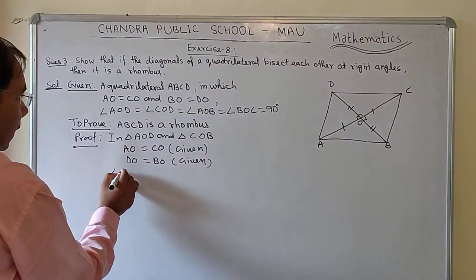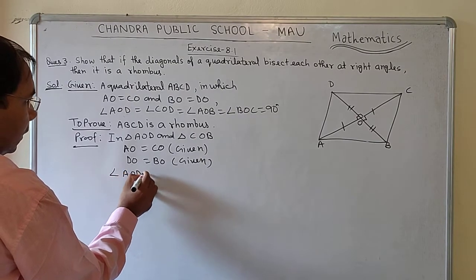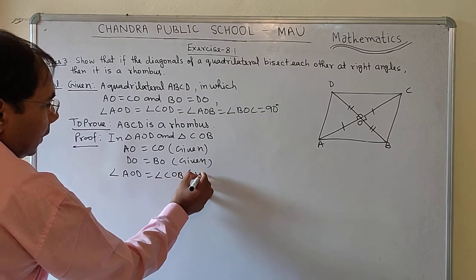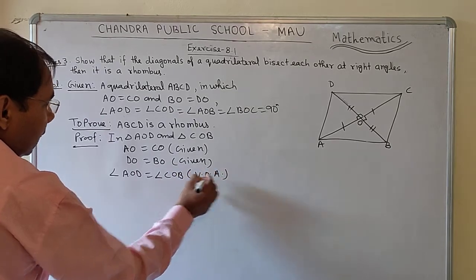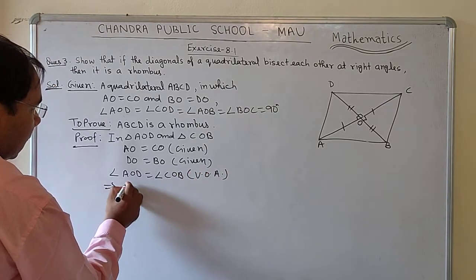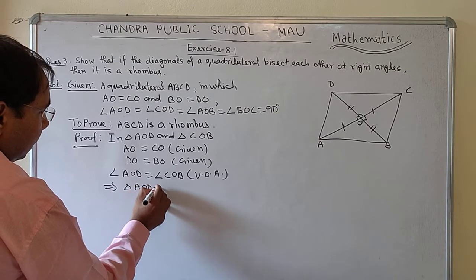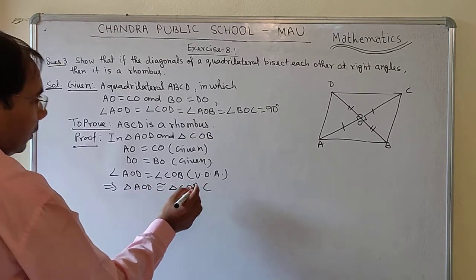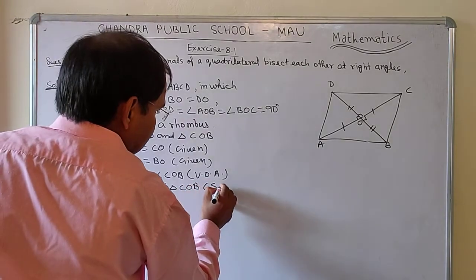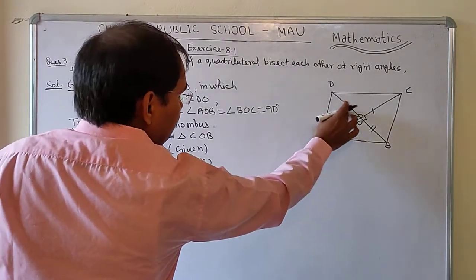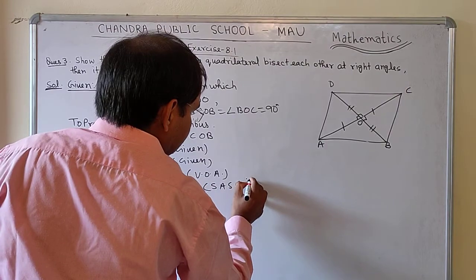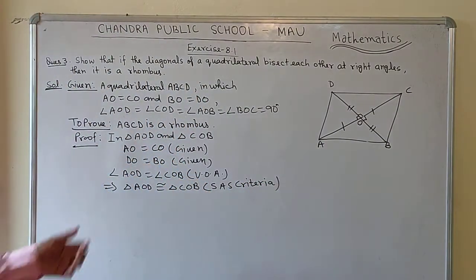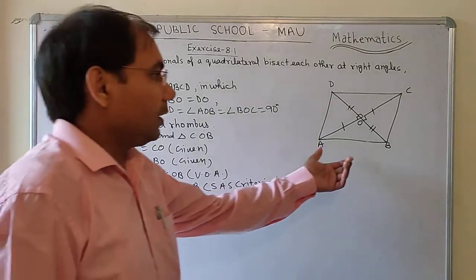So here you can write angle AOD equal to angle COB, vertically opposite angles. So it shows that triangle AOD is congruent to triangle COB by SAS, side angle side criteria. By side angle side criteria, both the triangles are congruent here.